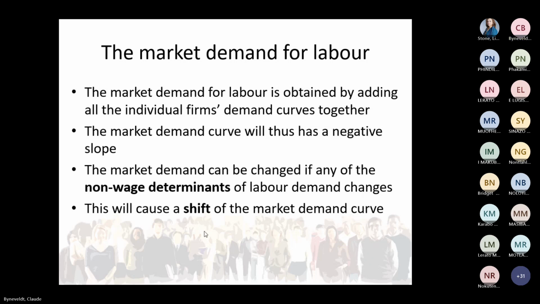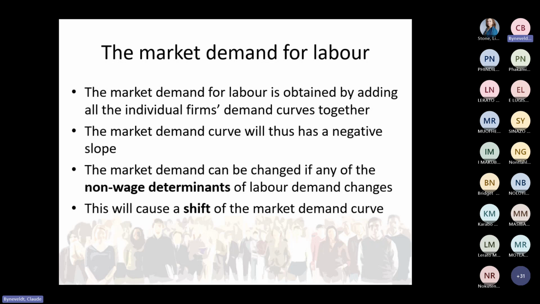If the price of labor, the wage rate, changes, that will cause a movement along the curve. But a shift in the curve can only be caused by what we call non-wage determinants. Only the wage, which is the price of labor, can cause a movement along the market demand for labor curve.